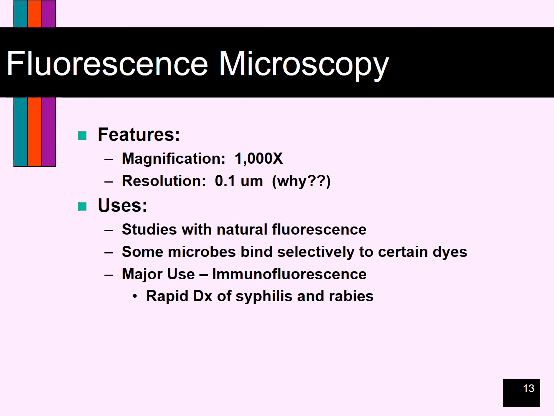Immunofluorescence is where you have antibodies, and oftentimes they're monoclonal antibodies that have been raised against, say for instance, syphilis, and the organism that was infected with the syphilis wasn't necessarily even infected with virulent syphilis.